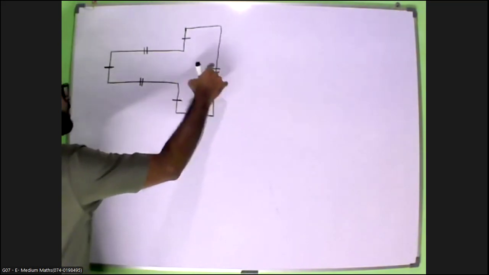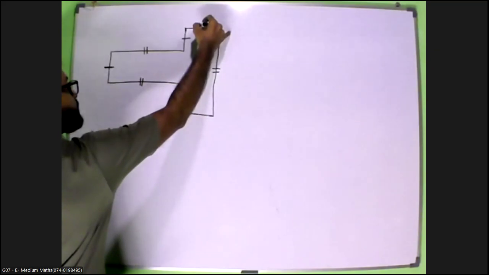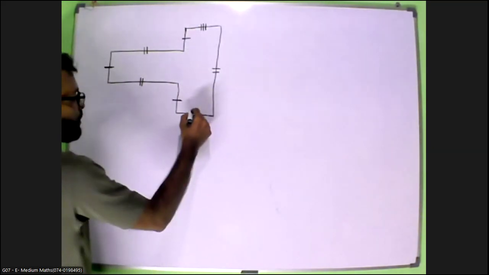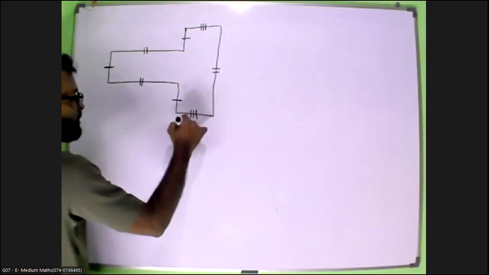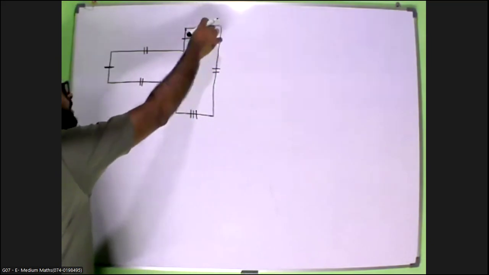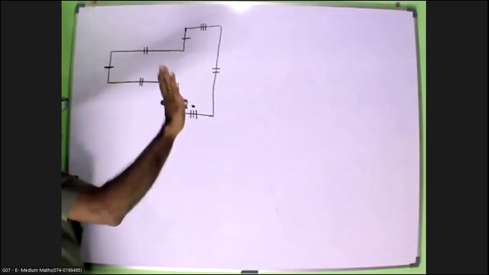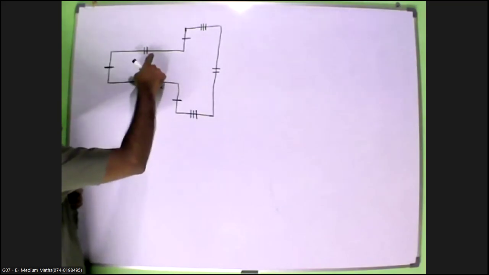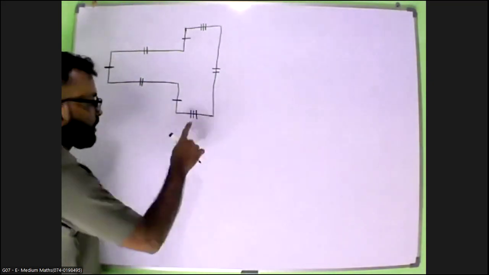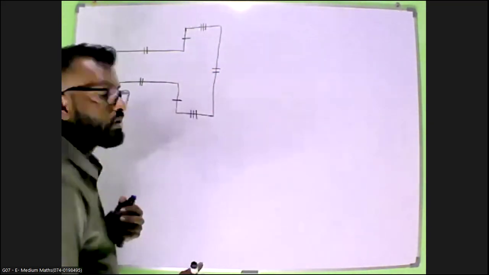These three are equal, these three are equal, right? And these two are separately equal. This length and this vertical length are equal. This length and this length are separately equal, right?